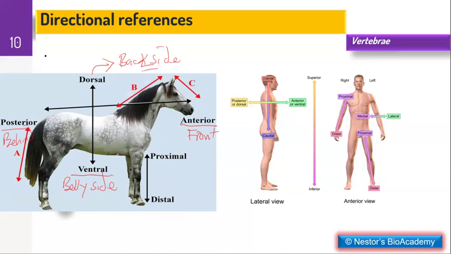Any organism usually has the main trunk. Like for this particular horse illustrated here, I can basically circle this part here as the main trunk of this organism. So focusing on the forelimb here, if I'm moving in this direction, I'm moving towards the main trunk of the body, that is proximal.